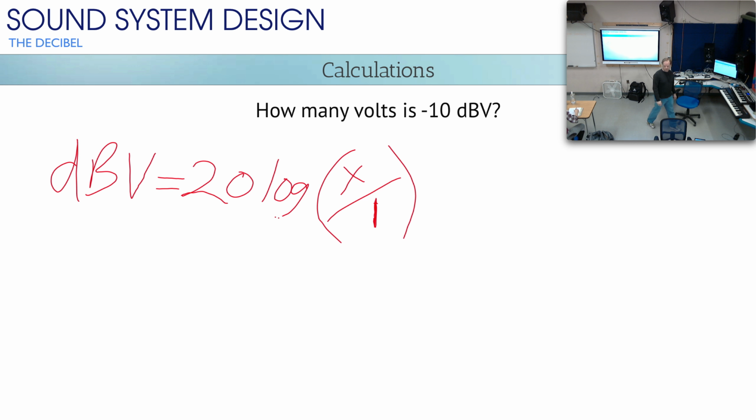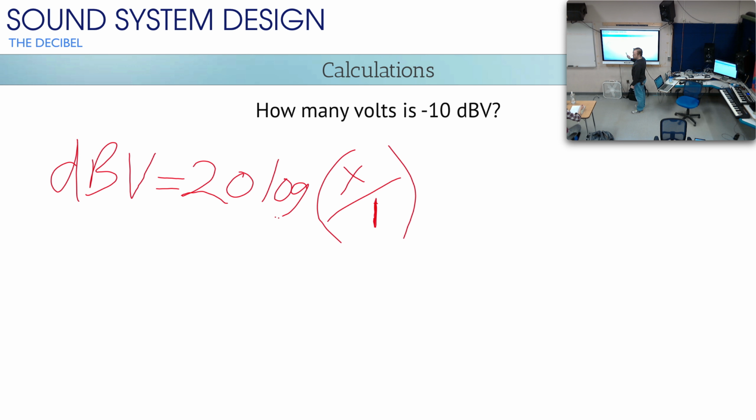That is the mathematical definition of dBV. You with me there? And x is the number that you're given. Well, x would be the voltage, the actual voltage.